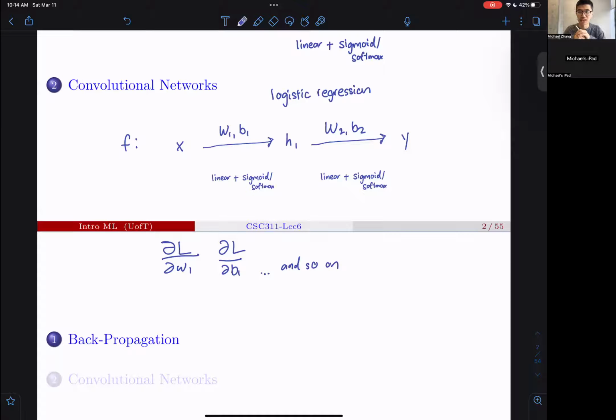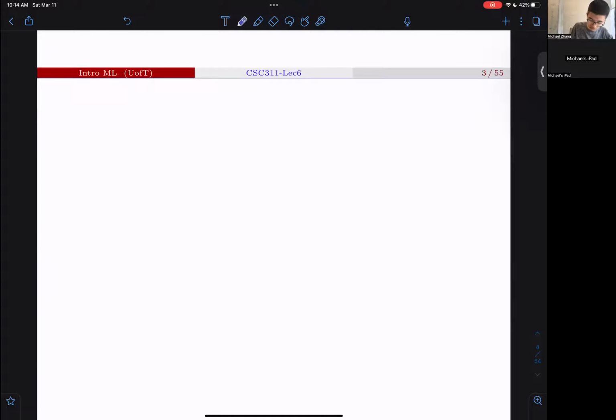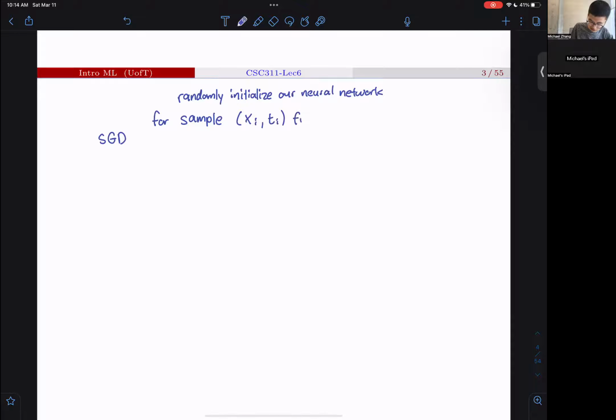And the end goal is we're going to try to update the weights and biases of our neural network using the gradient descent algorithm. So just as a high-level recap, what we're trying to do is we randomly initialize our neural network. And then if we're running the SGD algorithm, what we do is we sample many batches, X sub i and T sub i, from our data set.